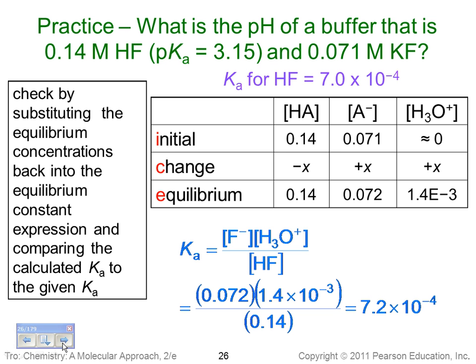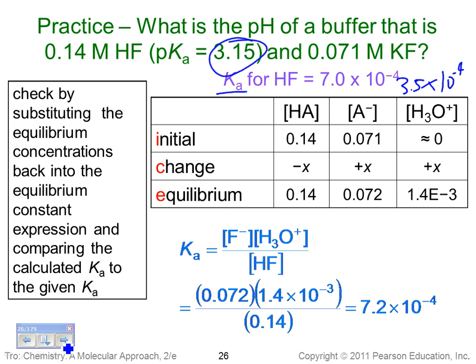Having said that, as it turns out, there's an error up here. If you look at the value for Ka in the back of the book, you don't get 7 times 10 to the minus 4. It says 3.5 times 10 to the negative 4. So according to the back of the book, the value is 3.5.